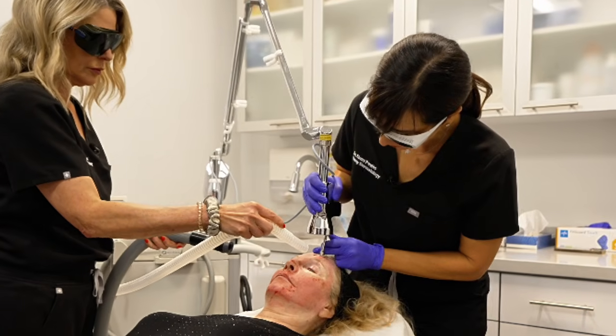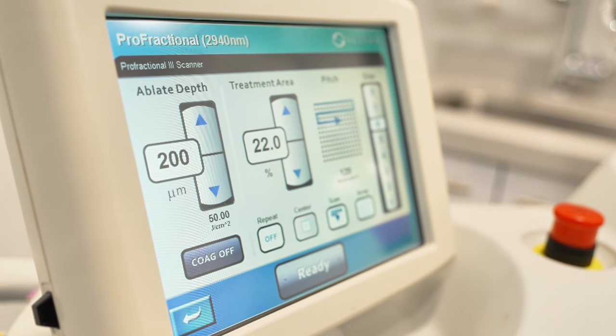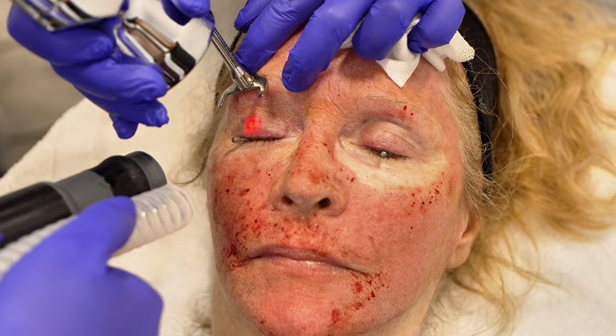Enter the hybrid lasers, and really that's why they were developed and engineered, to try to combine the best of both worlds. So something that's going to give you a faster dramatic response, but make it a little bit easier with the downtime. And of course, like a lot of options these days, you can have wiggle room on how much the ablative, how close together those energy packets are placed, how deep, how wide those energy packets are, and we're talking microns.